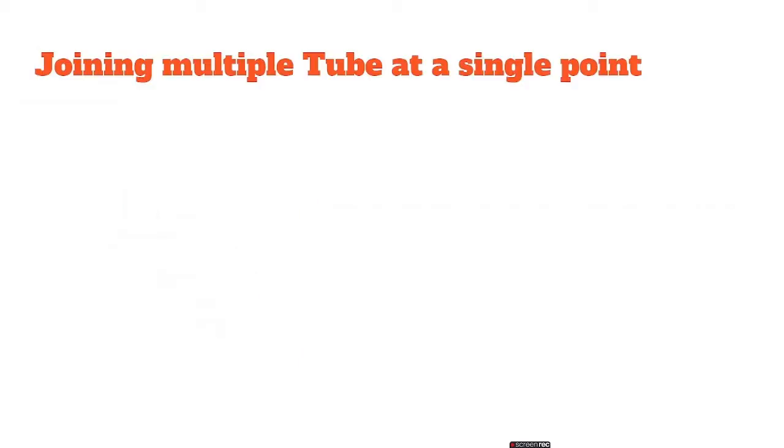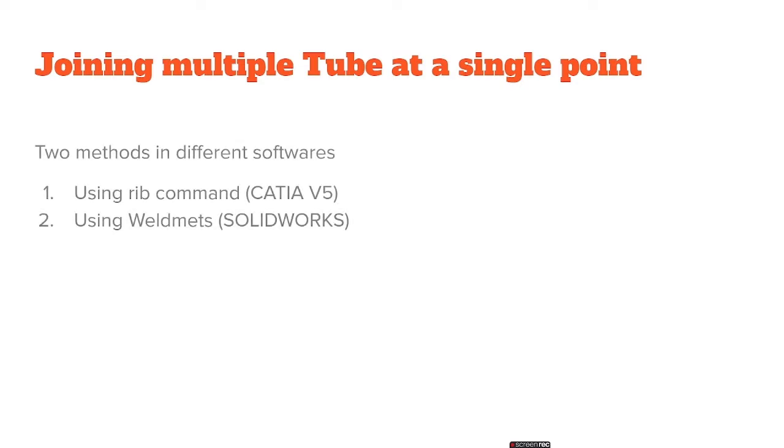When it comes to go-karts, we all know the chassis structure is made up of tubes, and when multiple tubes join at a single point, it becomes a complex structure to design in any software. So here we will compare two methods of designing such tubes in different CAD software and find the more convenient method.